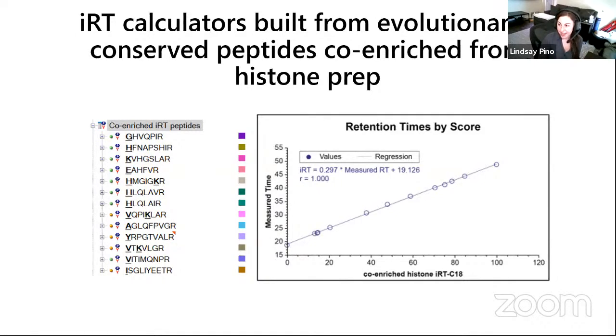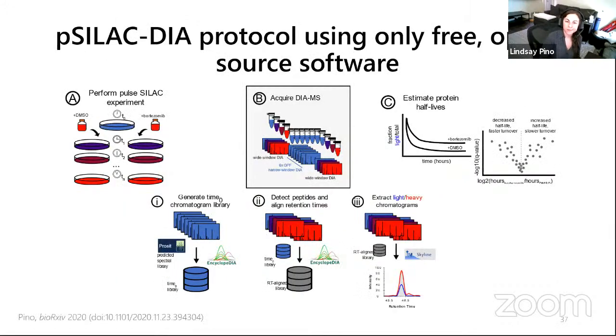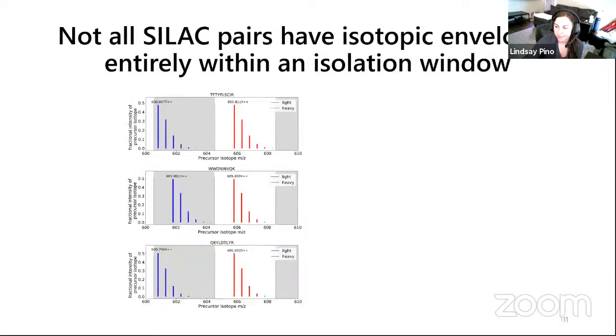Seb, have I ever used DIA for deuterated samples? I have not, but there is no reason that you couldn't use this workflow here with deuterated. You might have a little bit more of an issue with the isotopic envelopes overlapping.